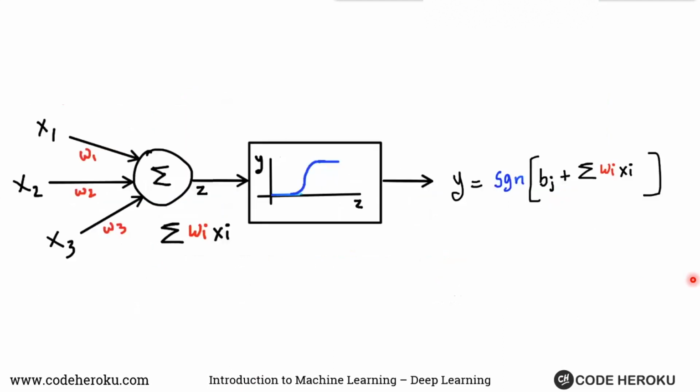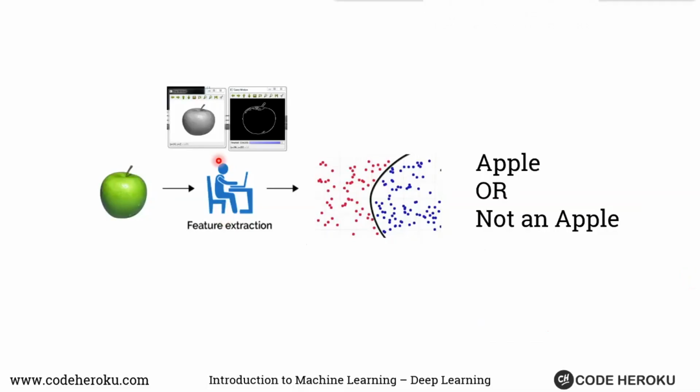So again, how did we make our lives easier? A person had to sit over here and manually write feature extraction techniques to extract key features from our raw data set. But this was tedious, and we had to do this for every new problem that we came up with. So coming up with features for images was not the same as coming up with good features for sound files, and so on. So how did we solve this problem?